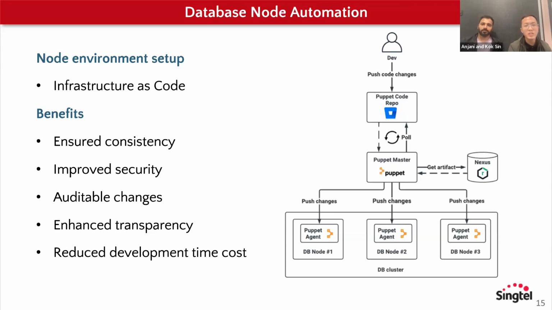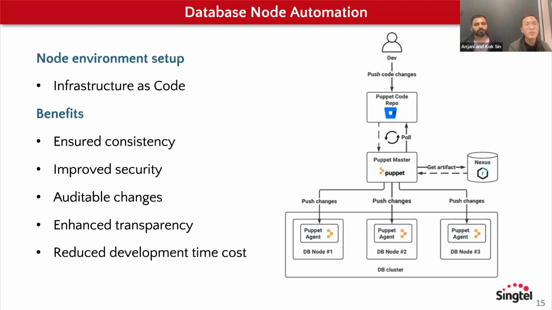And the Puppet agent will make sure that the state of each node matches the desired state that is set by the Puppet master. The benefits of doing this are that we have ensured consistency, as all nodes are guaranteed standardized configs.